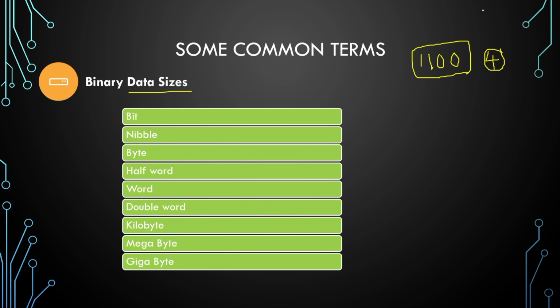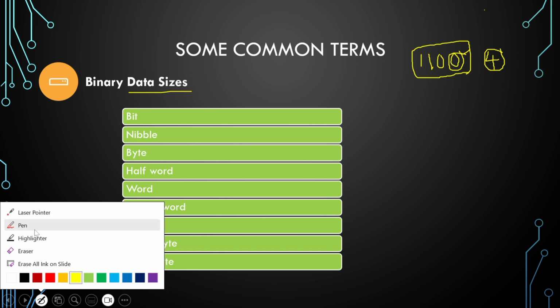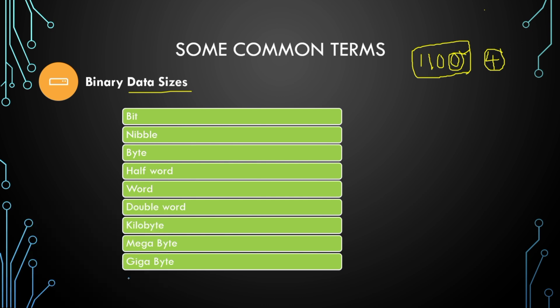Till now we were using either a symbol or a digit as a representation for a single value. Here we will be introducing some new words which can be represented as symbols with data sizes.